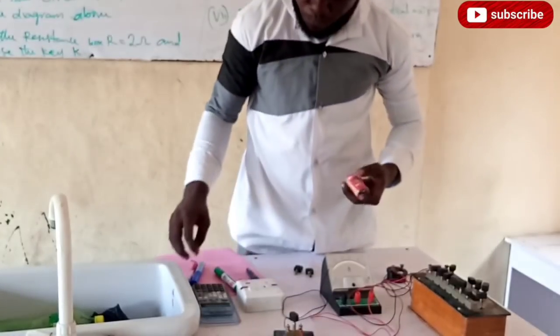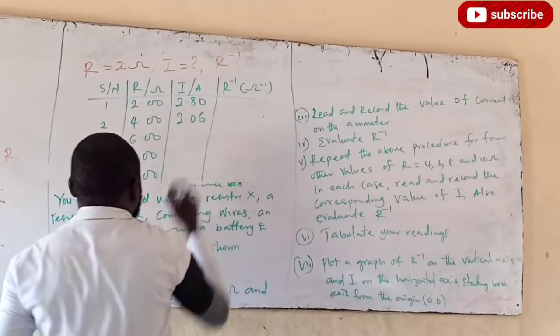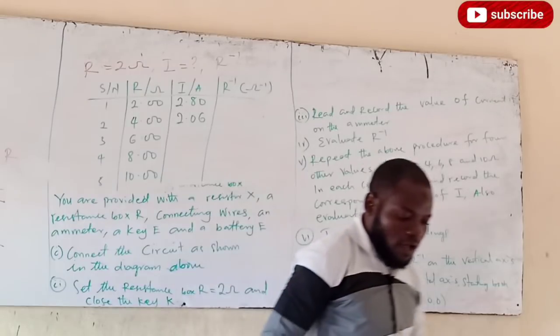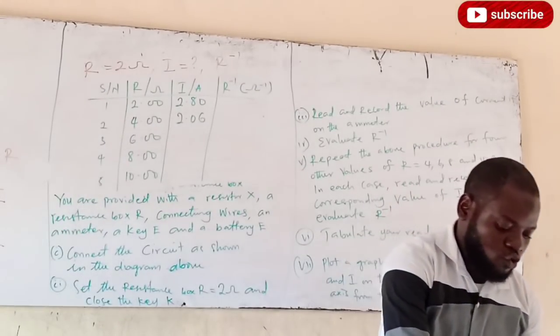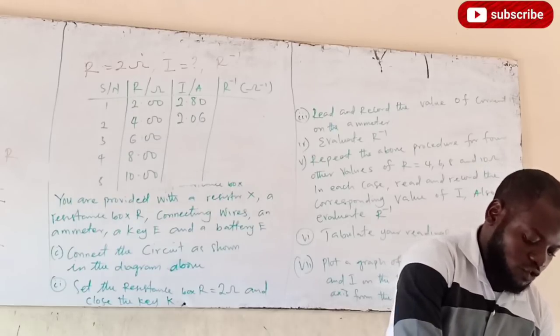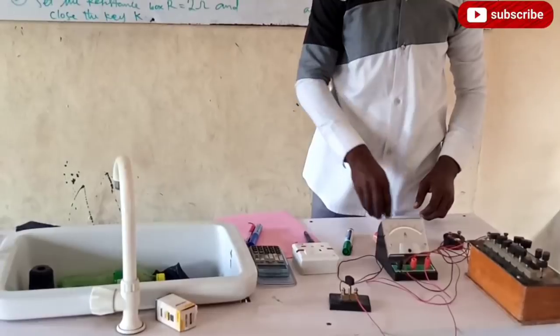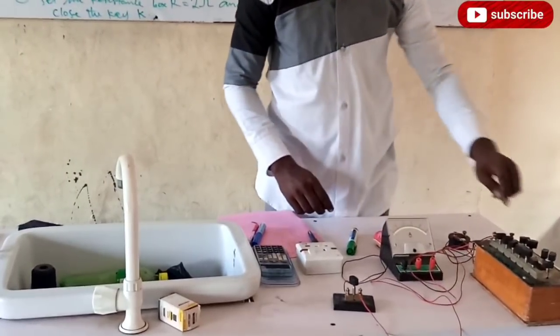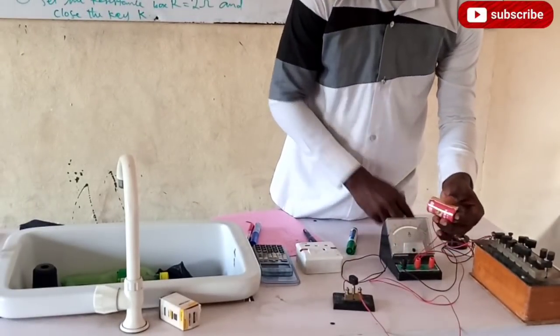Okay, cool. So this is going to give us 2.06. So when it is now 6 ohms, how do we get that? I need to remove the 1 ohm and 5 ohms, and take the reading again.